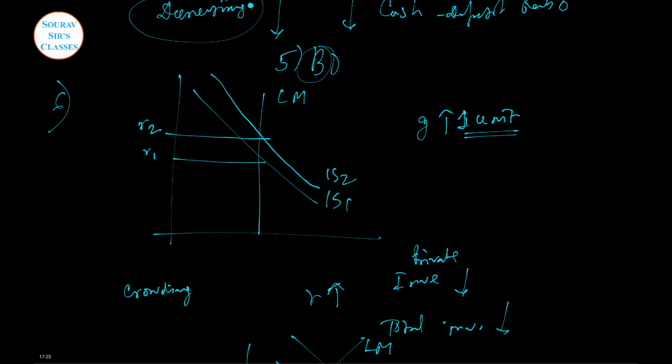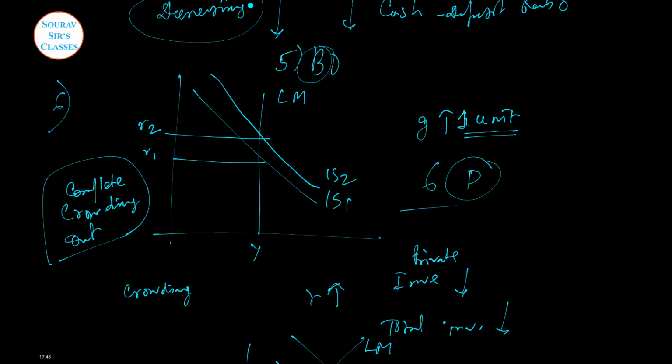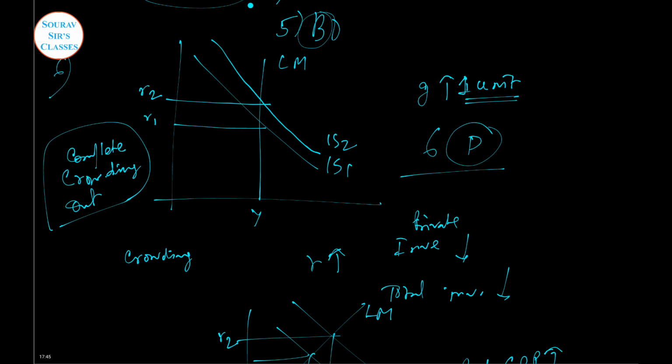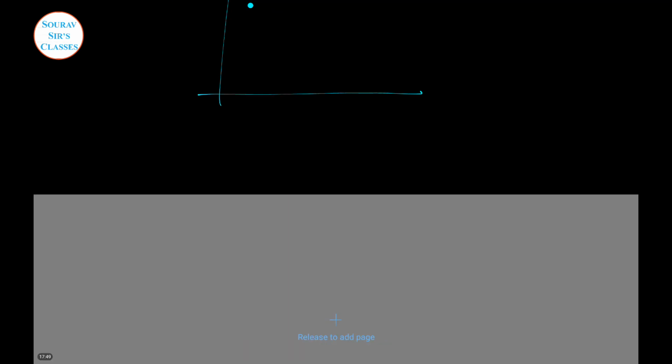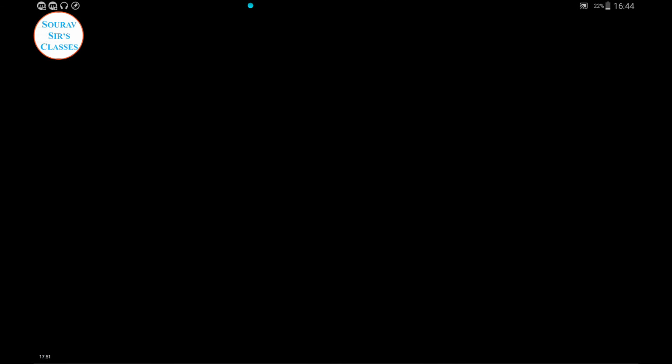Equilibrium income is fixed at a point Y, so no rise, so it is called complete crowding out. So now if I check the options, I think you have it in front of yourself. Yes, option D in the case of 6 is the correct answer. Okay, so this is the complete crowding out effect and its assimilation.